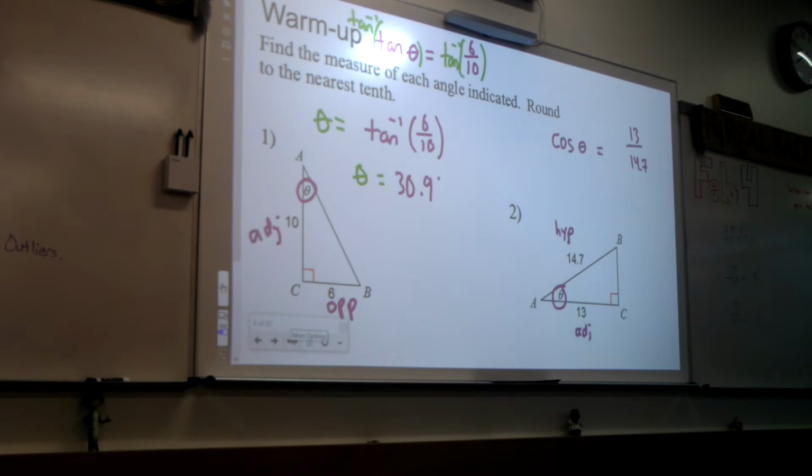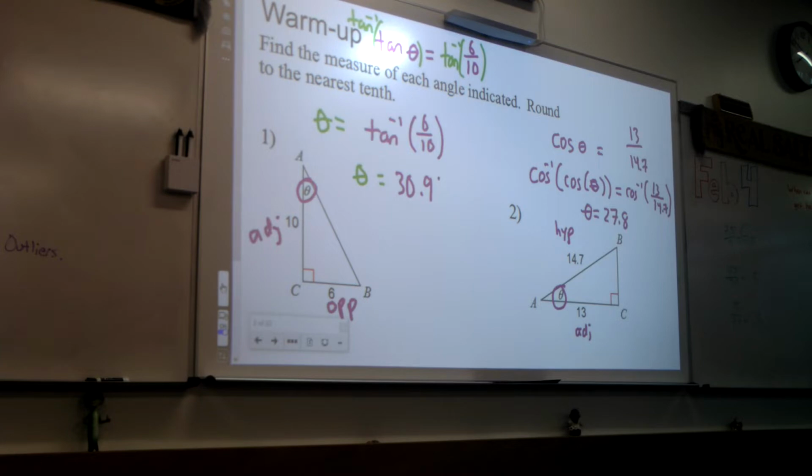And then we would do the inverse of cosine on both sides. What happens when you do the inverse cosine of cosine? Cancels out. Good job. So what is the inverse cosine of 13/14.7? I got 27. You guys agree with that?